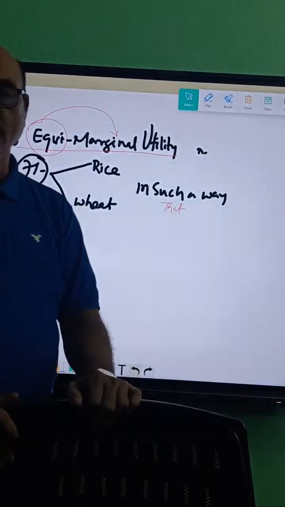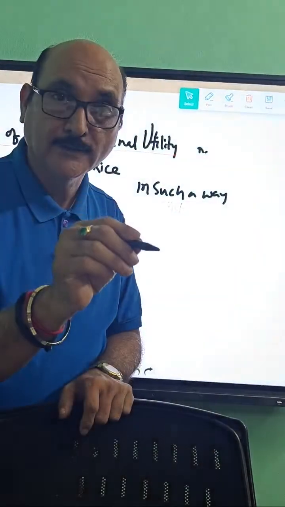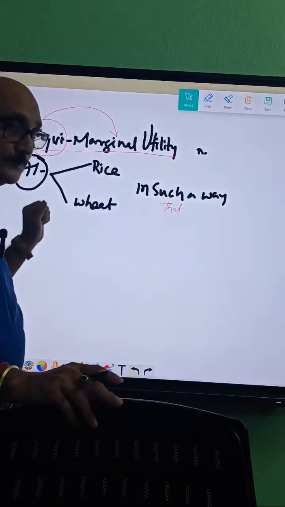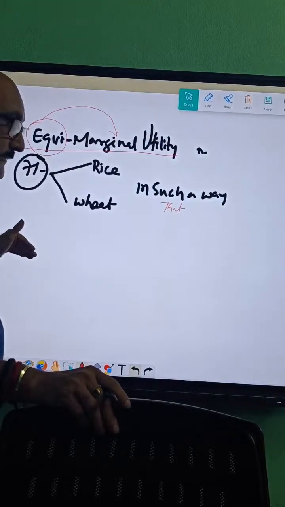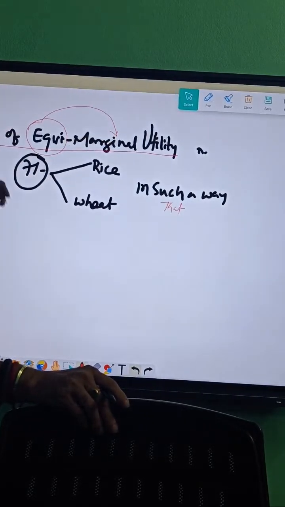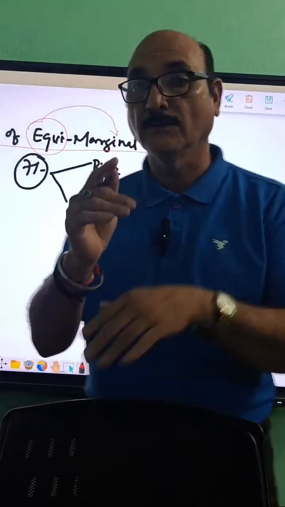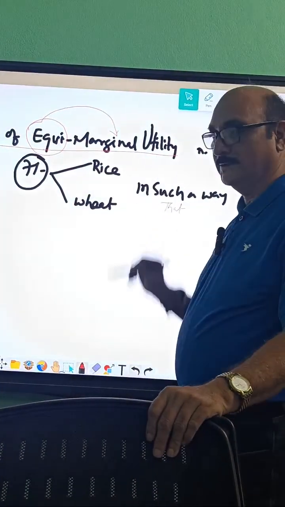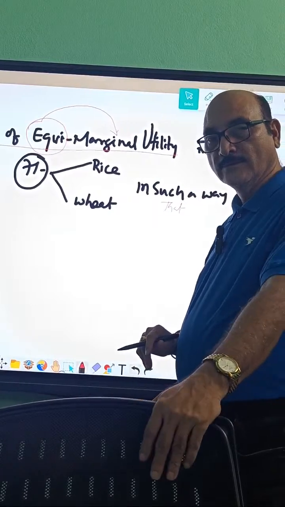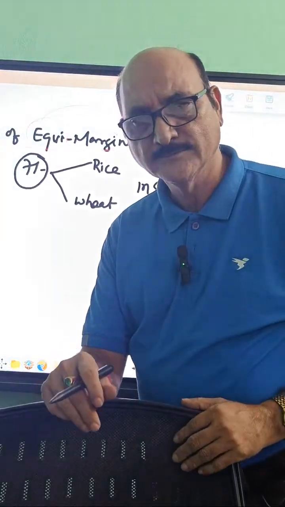that he should get equal marginal utility from both the commodities. If three commodities, if four commodities, marginal utility must be equal. So this is the word equal. Equal marginal utility. If it becomes so, then what happens?